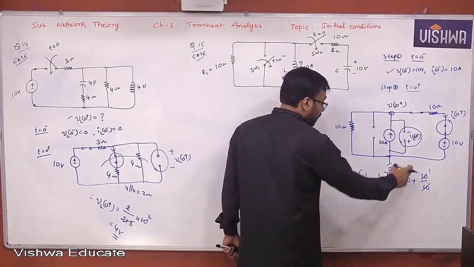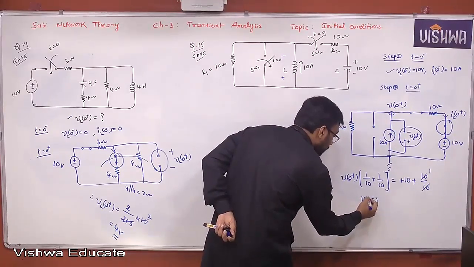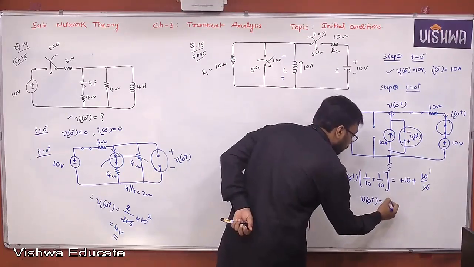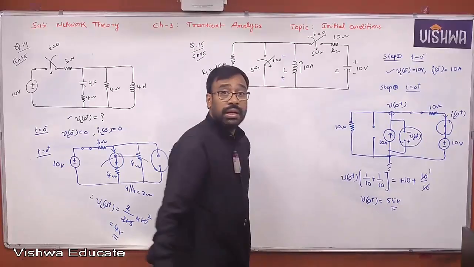So V of 0 plus is 5 into 11, 55 volts. Understand, all of you?